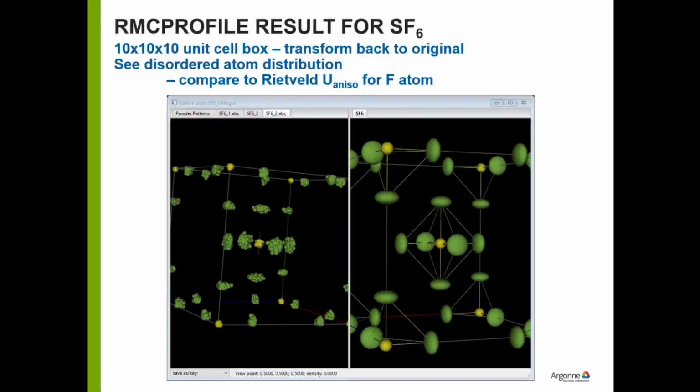So here's a result. This is sulfur hexafluoride, part of their tutorial. It's a real simple little body-centered cubic structure. The problem is that if you do a refinement and calculate the sulfur-fluorine distance, it's too short.